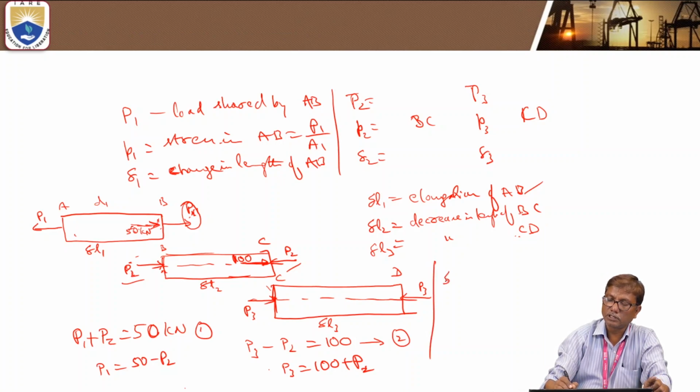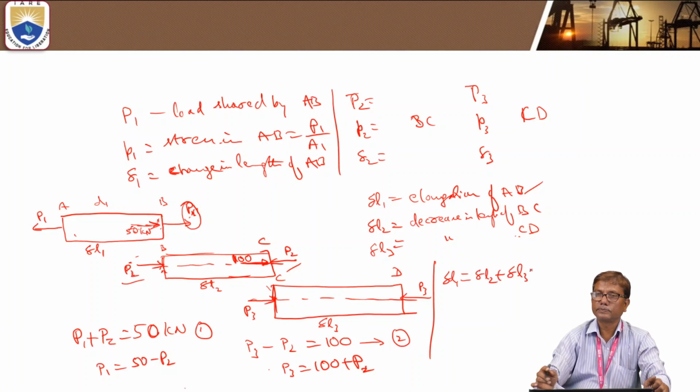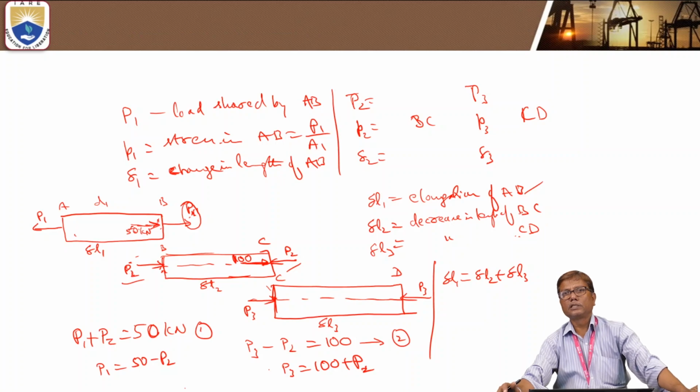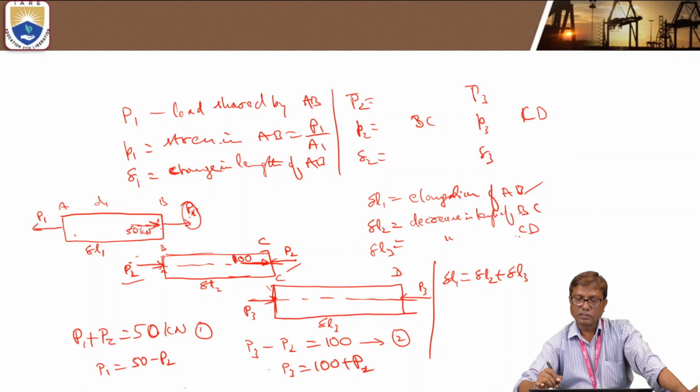So this is another relation we have. Delta L1 equal to delta L2 plus delta L3. Increase in length of member AB equal to sum of the decrease in length of BC and decrease in length of CD. Okay.